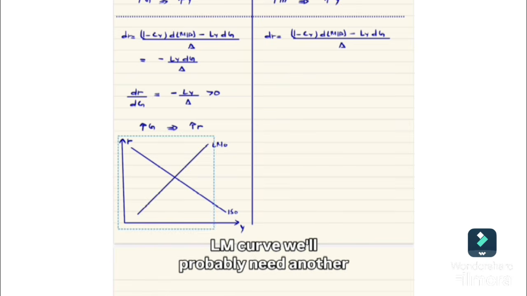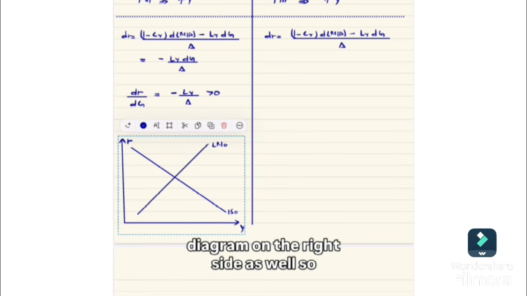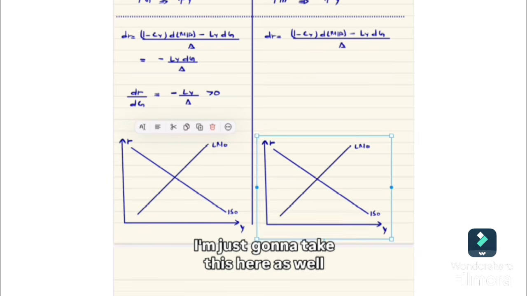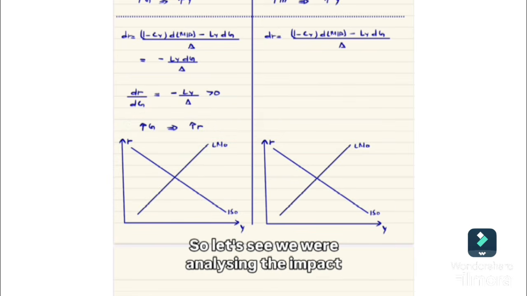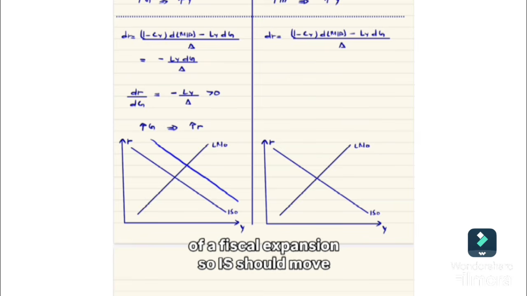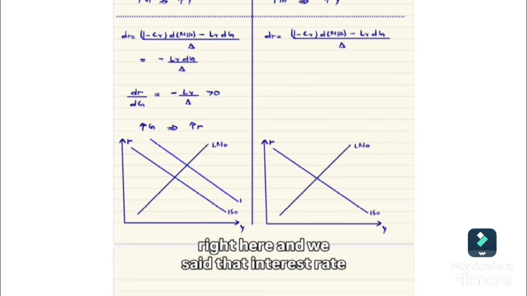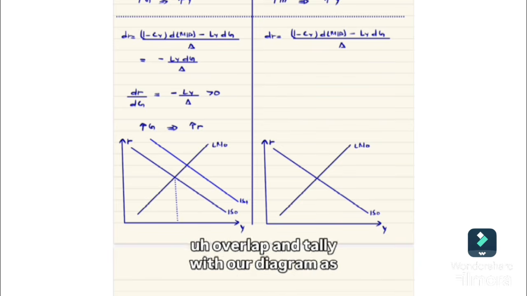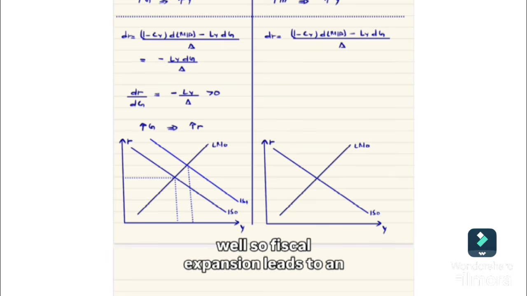So let's see, we were analyzing the impact of a fiscal expansion, so IS should move right here, and we said that interest rate and output should rise. And yes, that does tally with our diagram as well. So a fiscal expansion leads to an increase in output and an increase in the interest rate.